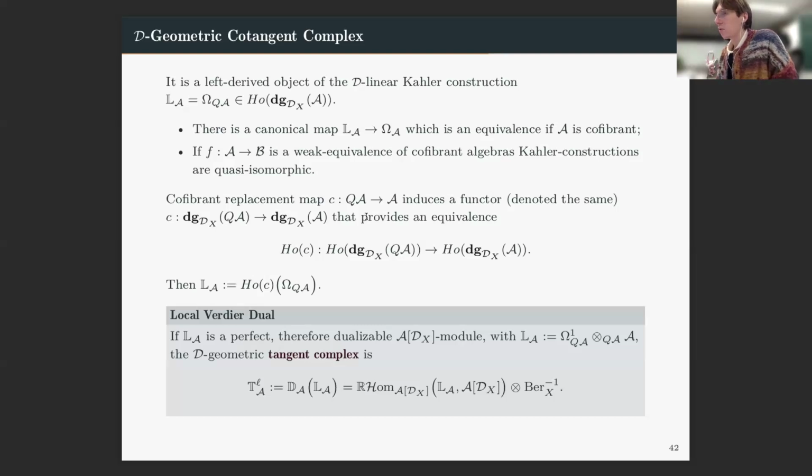This cofibrant replacement here was shown, in this model category of D algebras, to provide a more general setting of both the Koszul-Tate resolution of your on-shell algebra of functions and the compatibility complex of your operator.